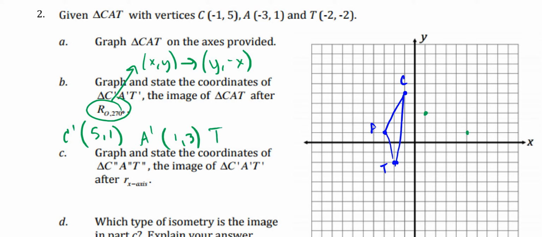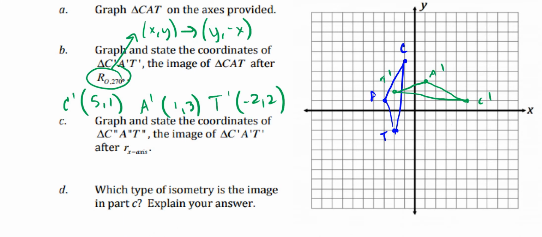And T prime is going to become (-2, 2). You see how they are kind of overlapping. So I have T prime, A prime, C prime, and we have this triangle there. Obviously use a straight edge. I don't have one on my computer here.